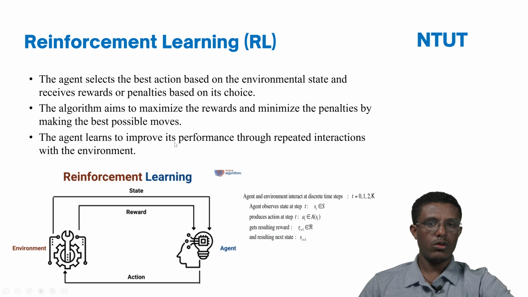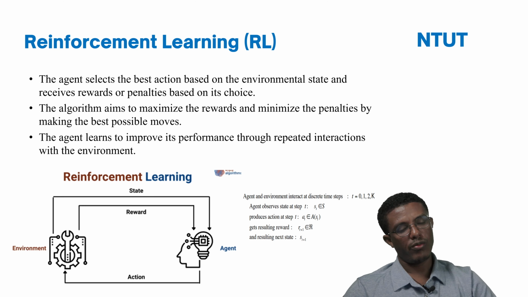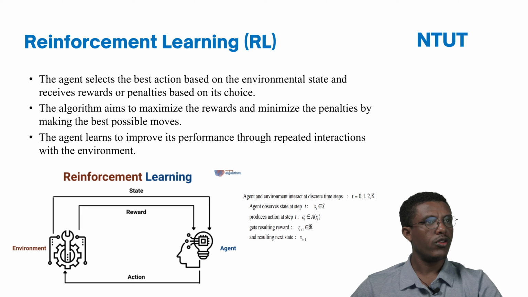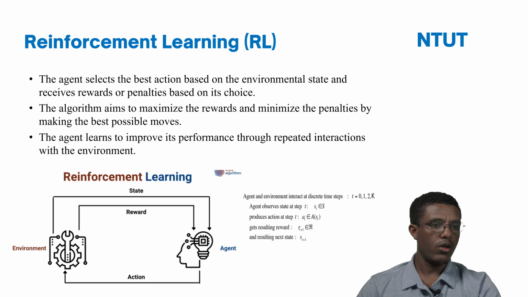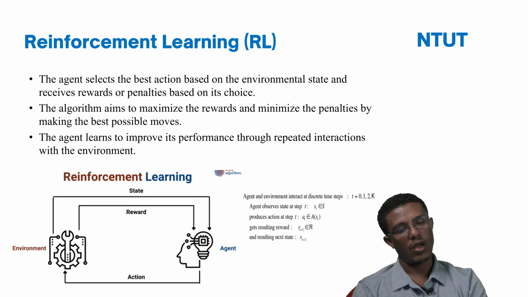So the agent learns to improve its performance through repeated iterations with the environment. That is called reinforcement learning, a type of trial and error. When we try more and more, we can learn more.